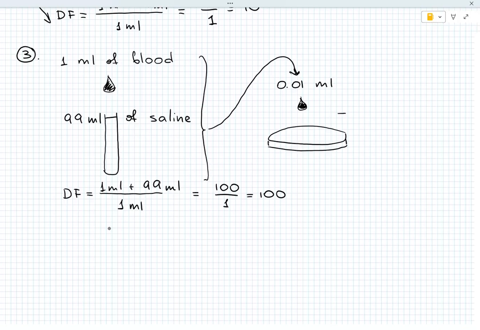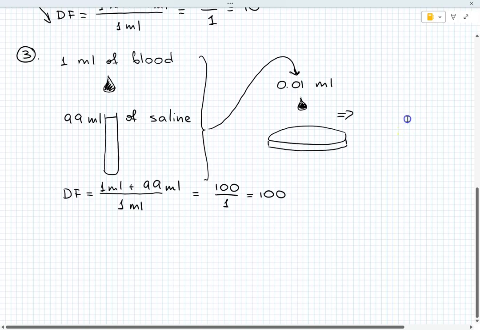And how many colonies do we get out of it? And we get 40 colony forming units.